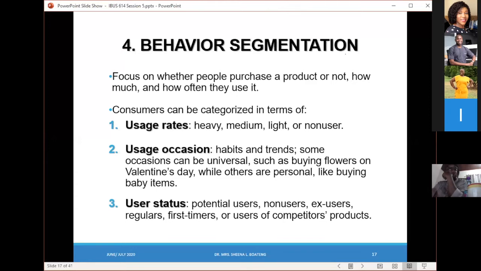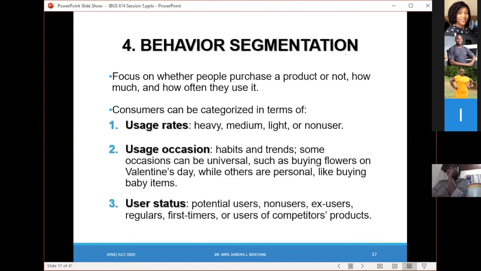Some products cut across all manner of usage occasions. So it is up to the firm to decide the segments that they are targeting and market to them accordingly using the usage occasion that will be relevant to them. So I know that a lot of the times when it is around Valentine's Day, a lot of the contraceptive adverts are targeted to the youth.